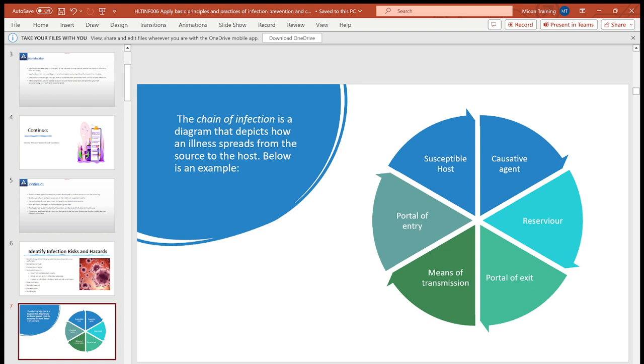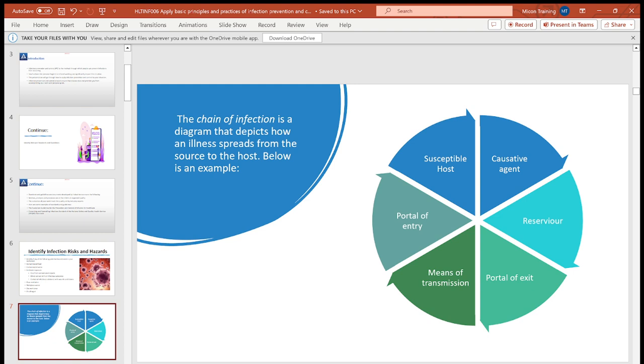Portal of exit might be when someone sneezes, and instead of covering your mouth, you don't cover it and you allow the droplets to go into the environment. That is, you've sneezed out, and that is the portal of exit. Means of transmission: once that droplet is in the air, what is the means of transmission in that place? Is it airborne? Is it something that we need to contact by touching?